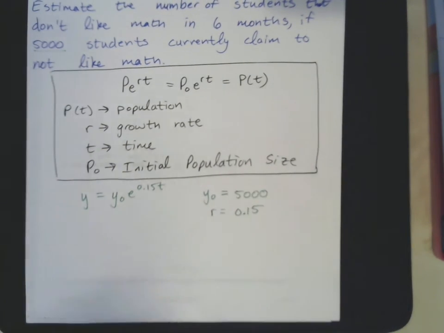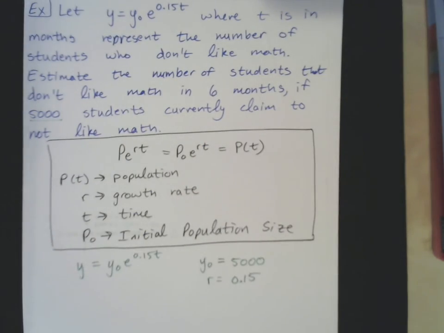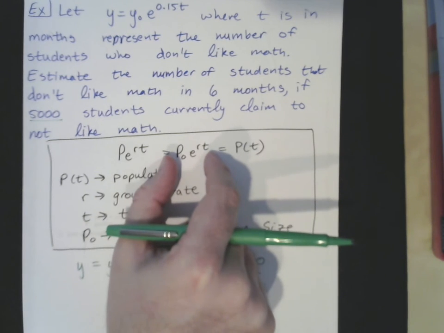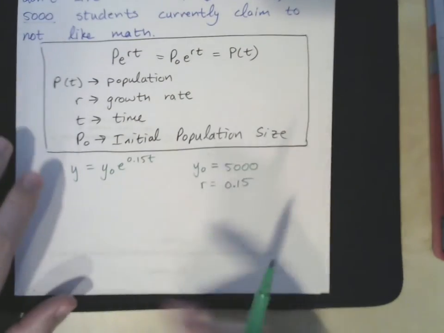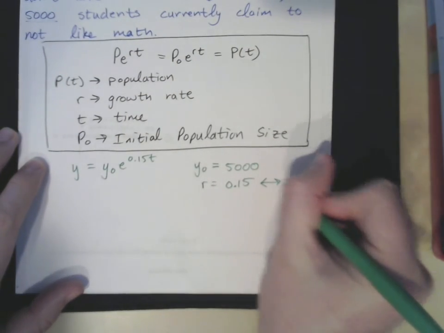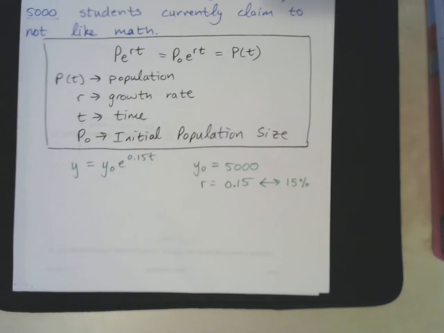Now, the rate is not always going to be given to you in the model like this. Sometimes they're going to say use an exponential model, or sometimes they'll say use this formula. And they'll tell you the rate is a percentage or a decimal. Now, the percentage for a 0.15 growth rate is 15%.